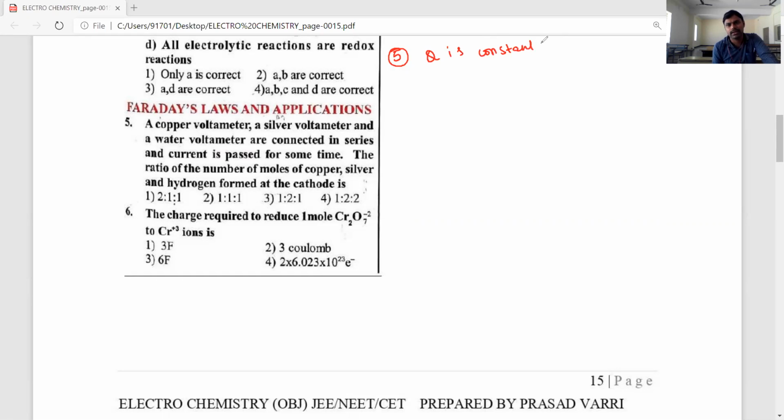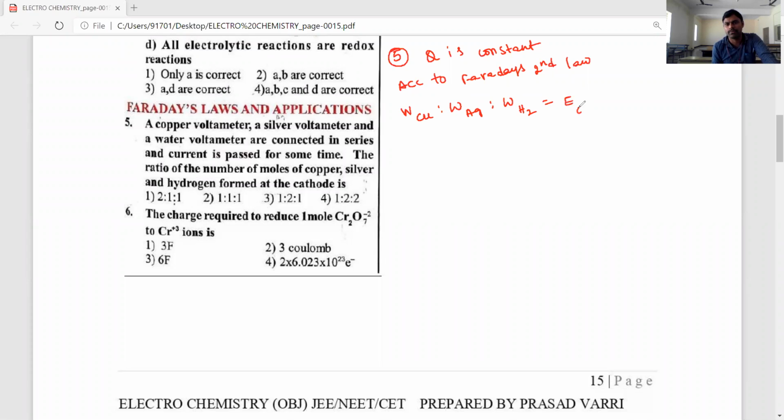Q is constant. Then according to Faraday's second law, the weight of copper deposited is to the weight of silver deposited is to the weight of hydrogen gas deposited is equal to their equivalent weight ratios.